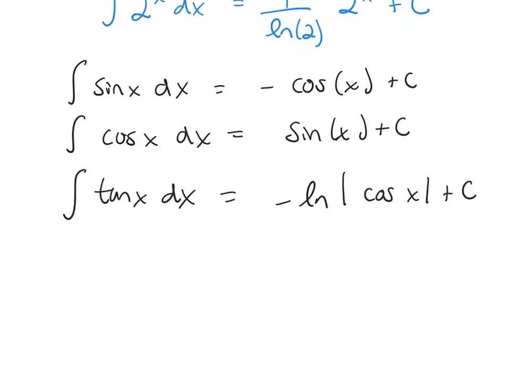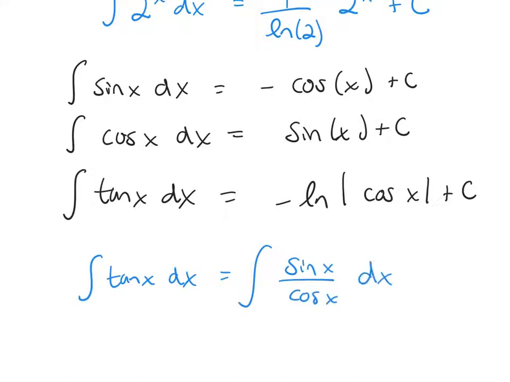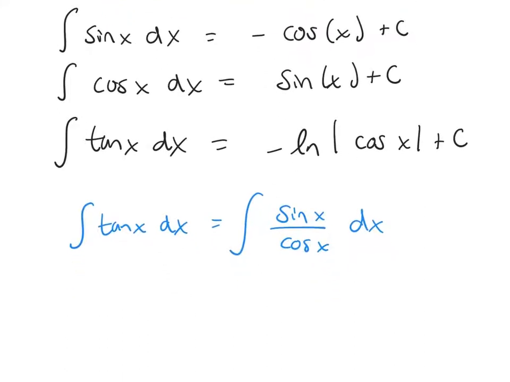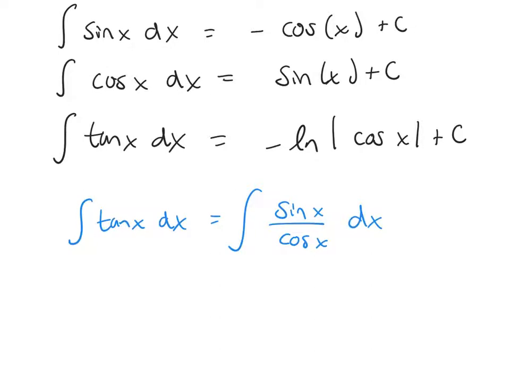So let me expand upon this one. How do we figure out this integral? In order to figure this out, you need to write tangent as sine over cosine. And then from here, you're going to do a u substitution. What should we pick for u? We're going to pick u as cosine x. The derivative of cosine is minus sine x.